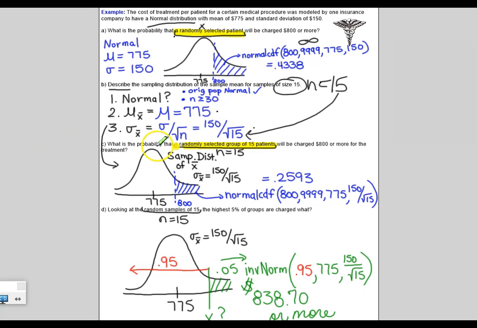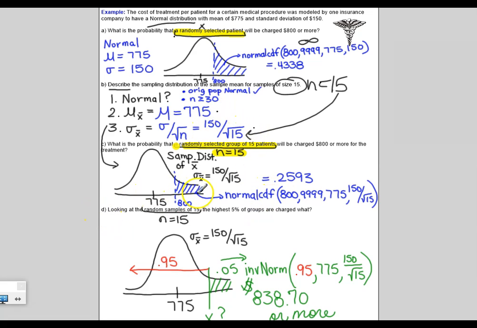That means we do have a sample size, which means we will be looking at the sampling distribution and not just the original population. We actually already created the sampling distribution in part B for samples of size 15. We found the mean and the standard deviation here.